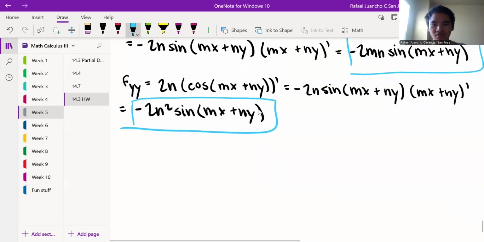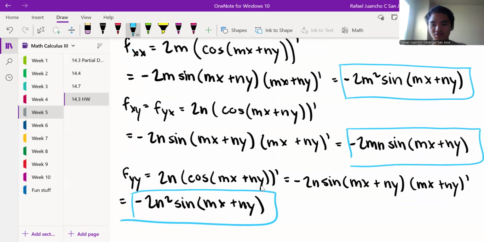Then for my other two, it's just negative 2mn sine of this. I just copy and paste these. And I should get it. Oh, I got them all. Okay. Why is that?